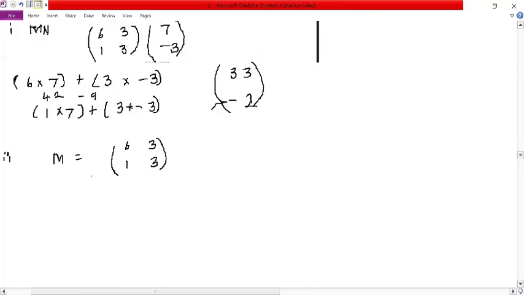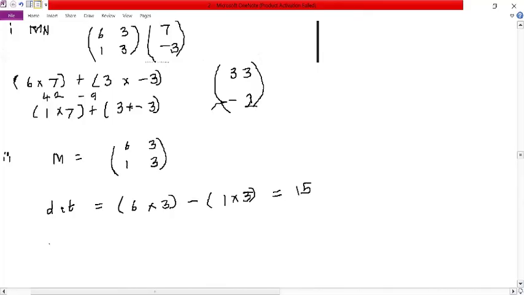To find the determinant of M, we simply say 6 times 3 minus 1 times 3. So we get the determinant as 15.